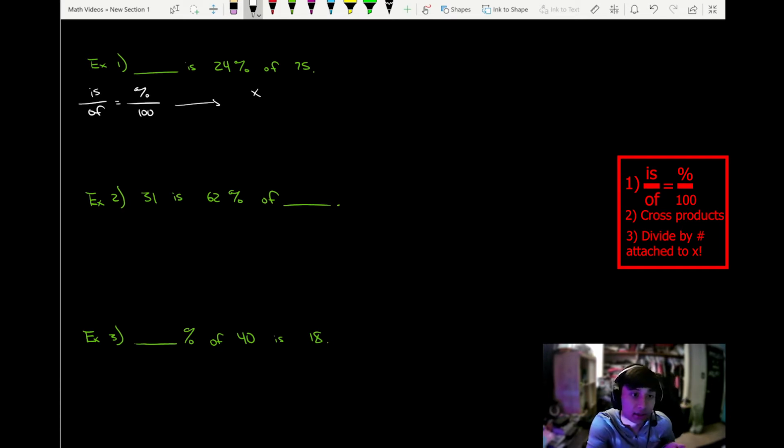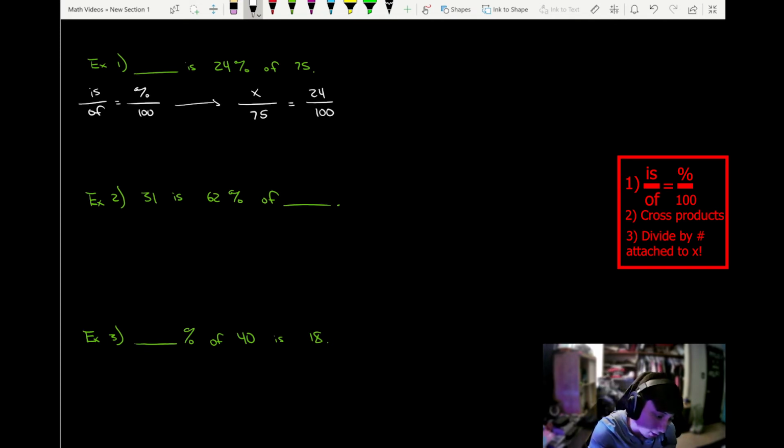X can be anything, but it's a fancy way of saying we don't know what that is yet. So is over of 75, so we know what the of is. X over 75 equals percent over 100, and we have 24% right there. So we just do 24 over 100, not 24% over 100. That's not the same thing. We just take the number part of the percent and put it over 100.